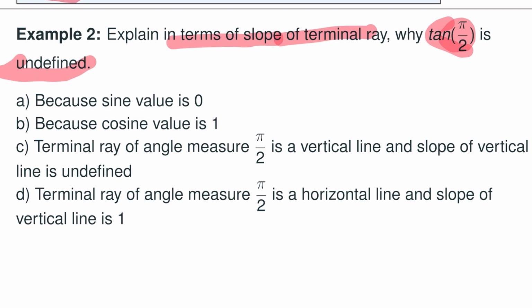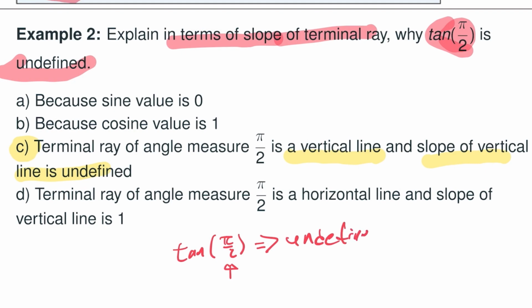Well, it's because terminal ray A at angle pi over 2 is a vertical line, and the slope of a vertical line is undefined. That's why. So when we try to evaluate tangent pi over 2, this is undefined, because the vertical line slope is undefined.